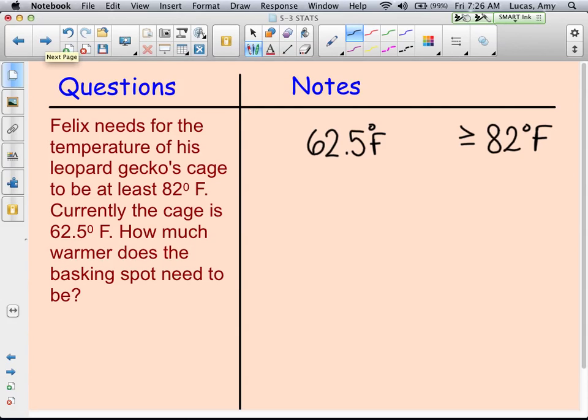The question is how much warmer? How much warmer does it need to be? So that means we're going to have to add on a certain amount of degrees. So let's solve this and see how many degrees we need to add on. We subtract 62.5.